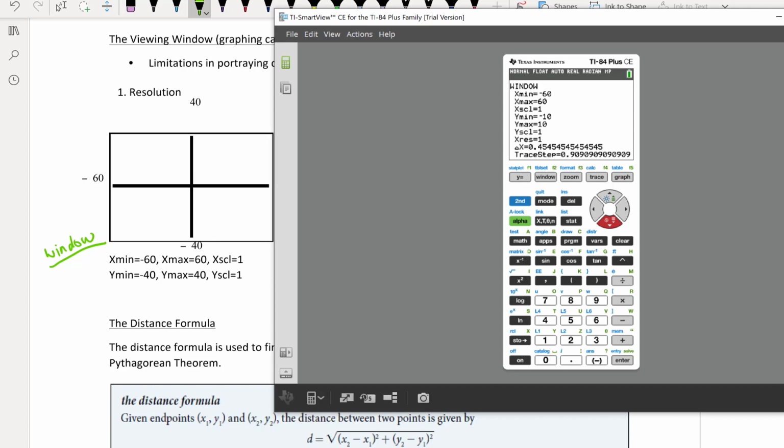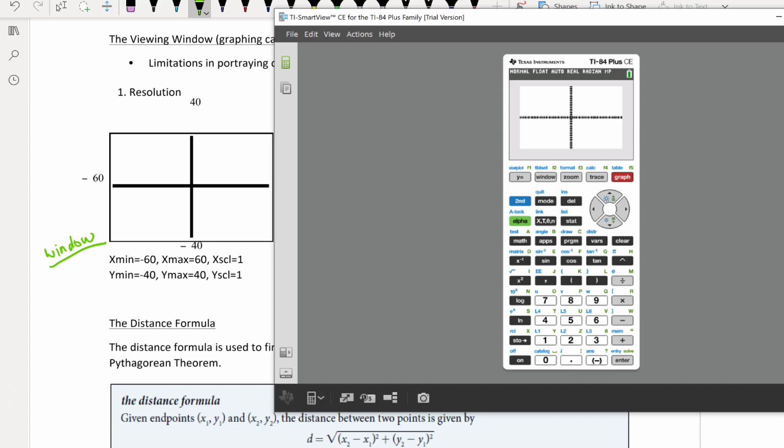And your y min, as indicated on your paper, it says -40. And the maximum y value is 40. And again, the scale for y is 1. So you're counting by ones. So when you go back to graph, you see that the axes are very thick.